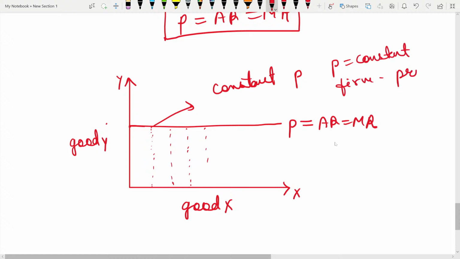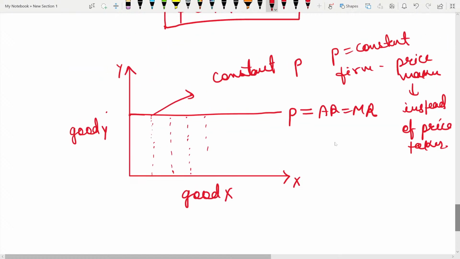The firm is a price taker instead of a price maker. A firm is not able to divert consumers or bring a change in prices, because whatever the price is, it has already been decided by the market or industry, and they will have to accept it at any cost.